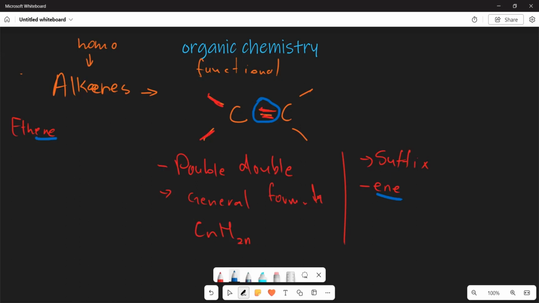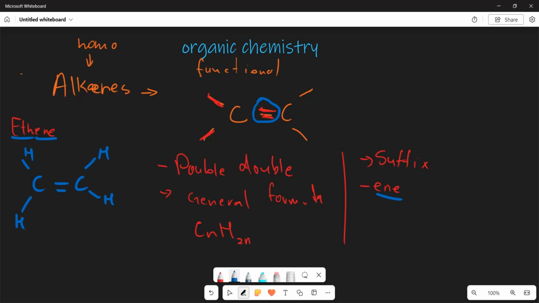This is going to be C, C. Already we know that "eth" means 2 carbons. So from here, this is going to be a double bond. Then this carbon is bonded with an H, similarly here, it's H bonds, and similarly here, it's H bonds.